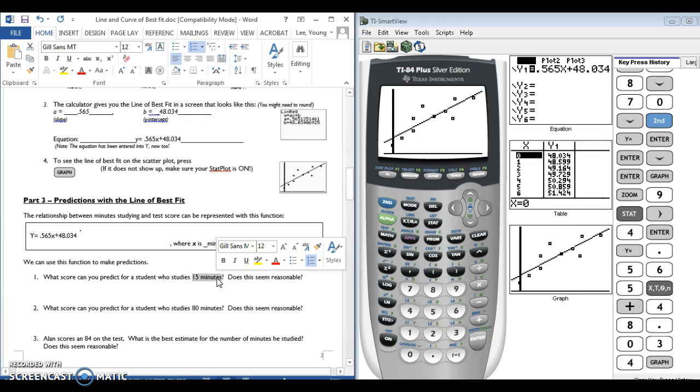As we talked about, x is the minutes of studying, y was the test score. Is that right? So all you're going to do is replace x with 15. So we're going to put 0.565, instead of x, we're going to replace 15, plus 48.034.